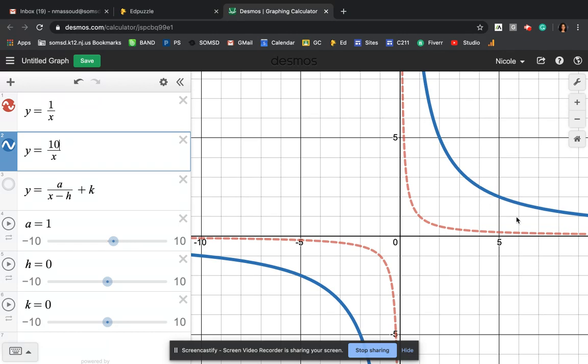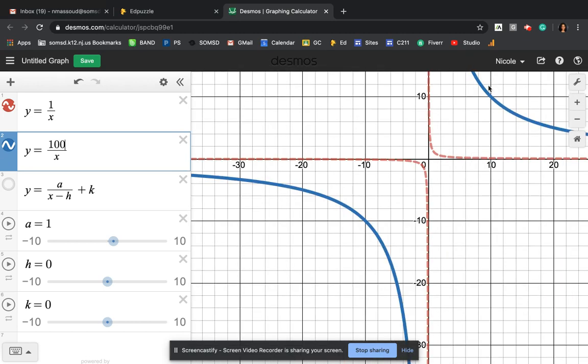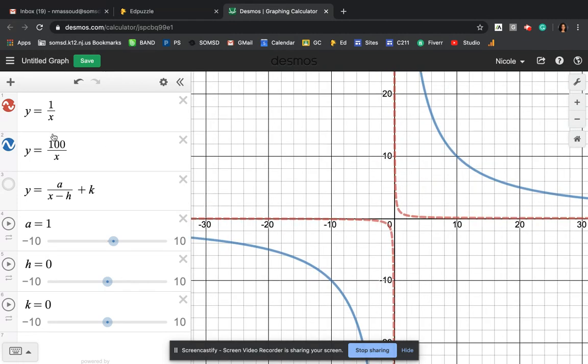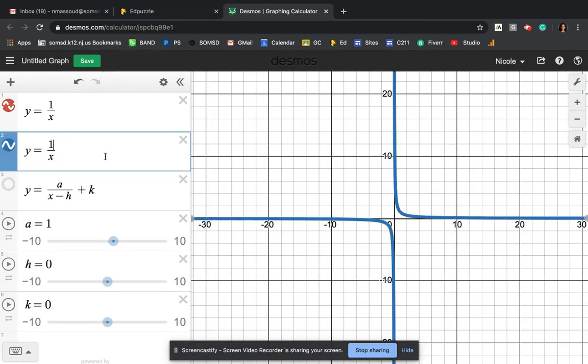When you put an a value, it stretches the function out, right? I took this and I pulled it, like a rubber band. When you pull a rubber band, it stretches it out. Okay, so if I put like 100 there, you can't even see it because it stretched it out so much. So that's important. The a value stretches it out.